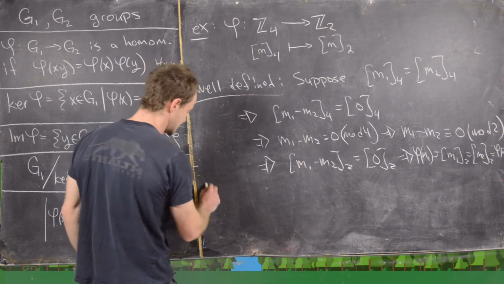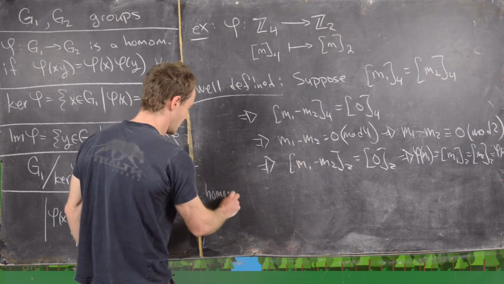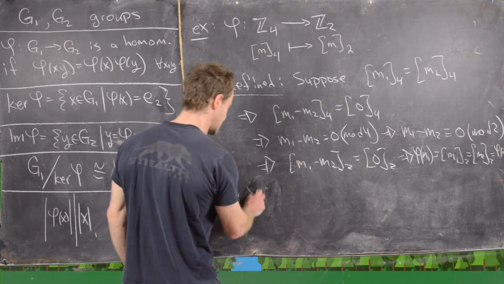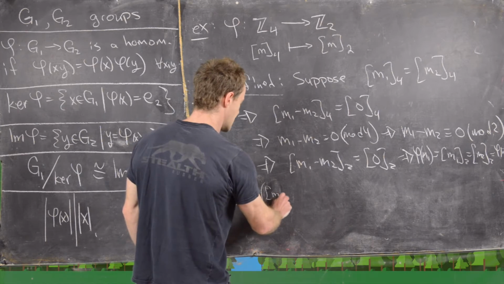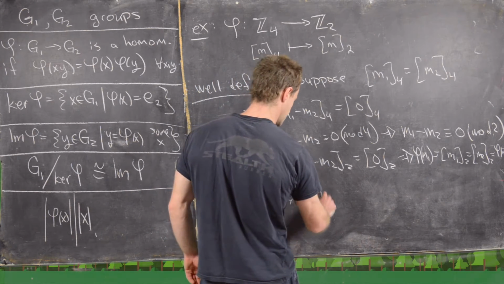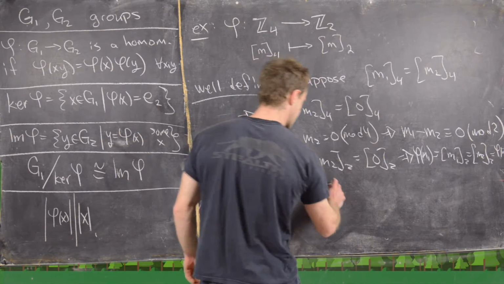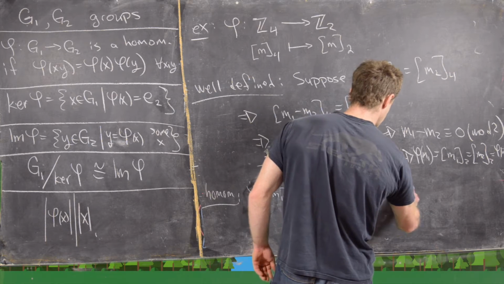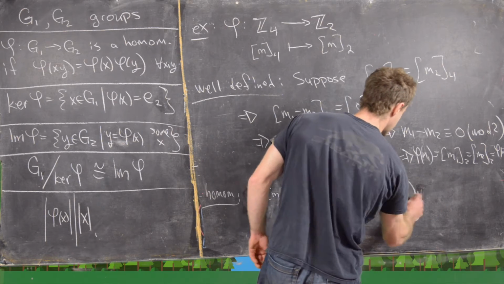Okay, so now let's go ahead and check that it is a homomorphism. It's actually going to follow in a very similar way to this here. So if we do phi of [M1]4 plus [M2]4, that's going to be the same thing as phi of [M1 plus M2]4.